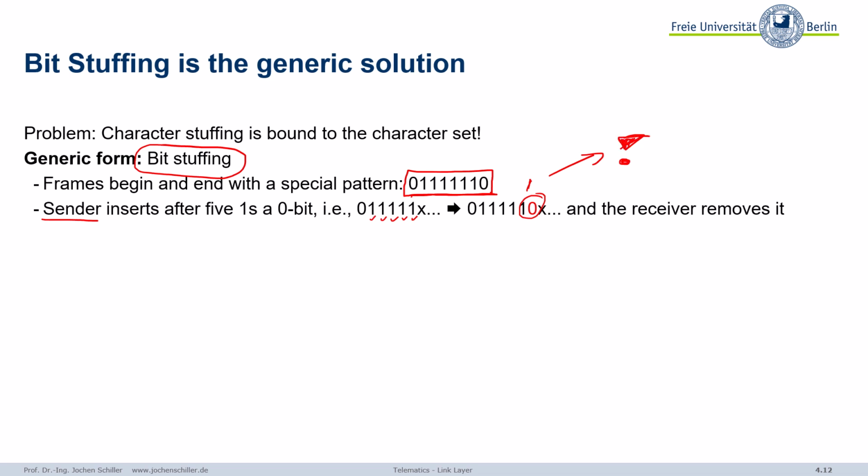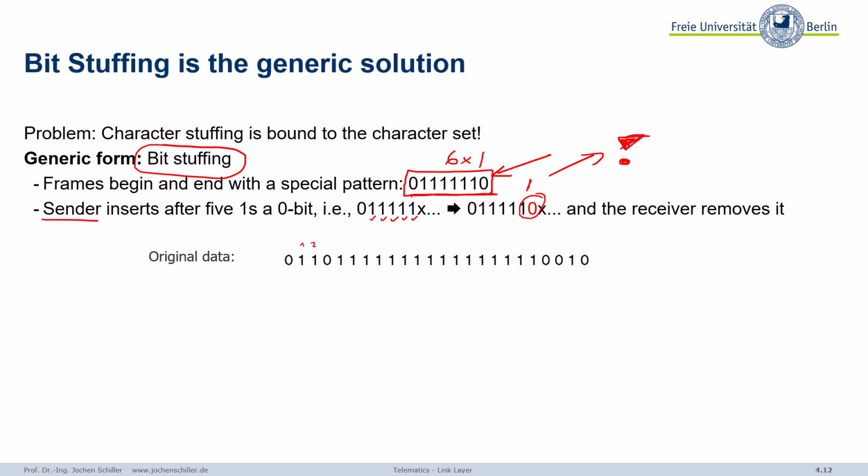Because the receiver knows the rule, the sender always inserts a 0 after 5 ones for the payload. But as you see, the special flag has 6 times a 1.